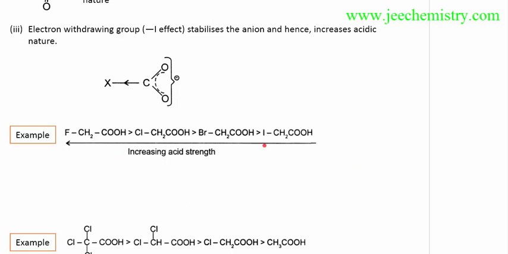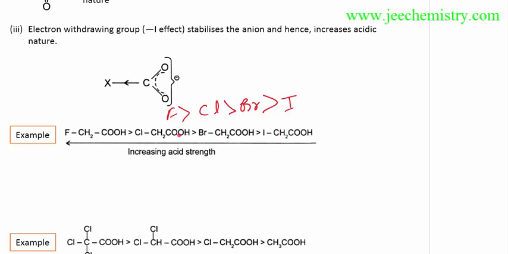Now to check this acidic strength, I have already explained this. This fluorine, this minus I effect, is working at the same position. Fluorine is more electronegative than chlorine, then bromine, then iodine. This is the I effect.